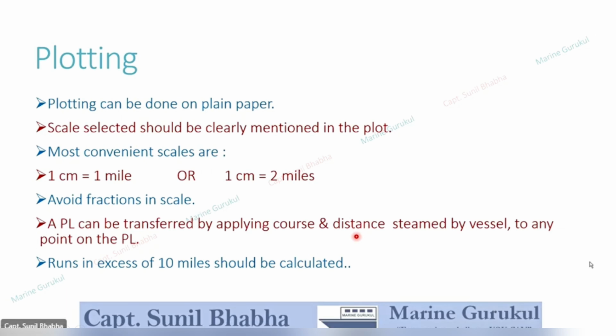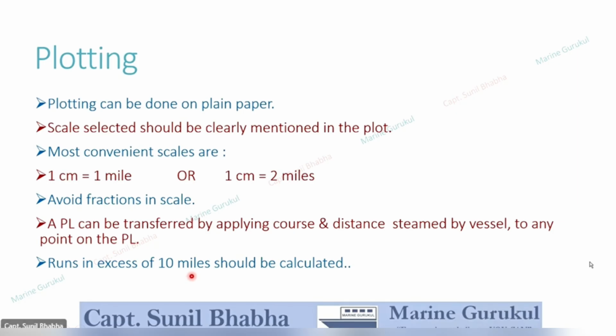Now, which of these two methods should be used in a particular question? If the distances involved are less than 10 miles, you can directly apply the course and distance geometrically using the plotting tools. But if the distance exceeds 10 miles, then you should prefer using the calculation method. The reason is that if the distance is more than 10 miles, to show it on your answer sheet, you will have to select a large ratioed scale, maybe 1:5 or 1:10 or so.